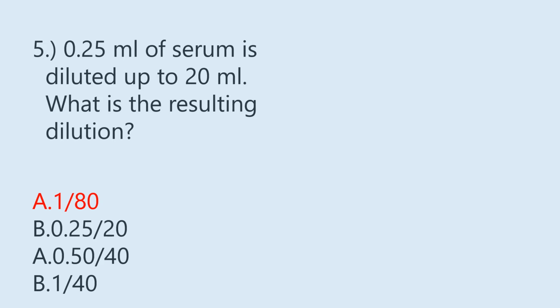Okay, we are now at question number 5. 0.25 ml of serum is diluted up to 20 ml. So what is the resulting dilution? We solve it with the formula: dilution is equal to volume of solute over total volume. So we have the volume of solute, which is 0.25 ml, over the total volume of 20 ml, since it says up to.